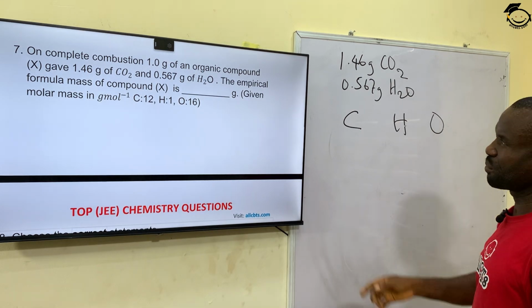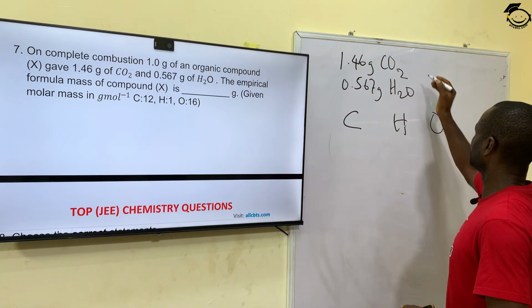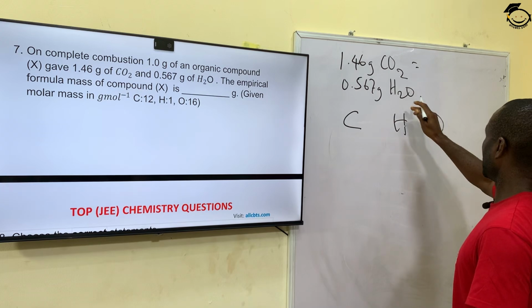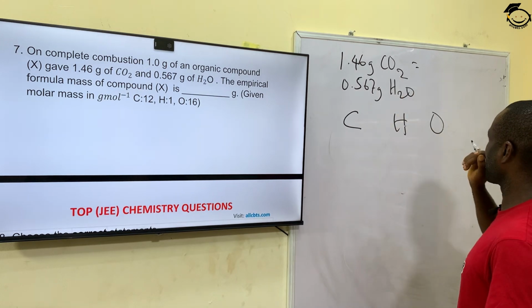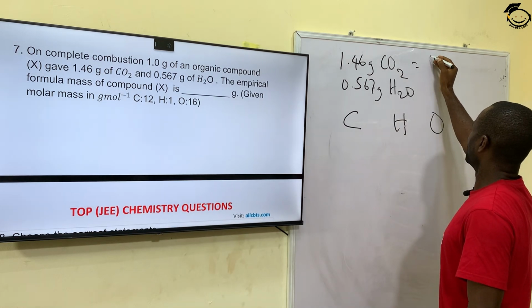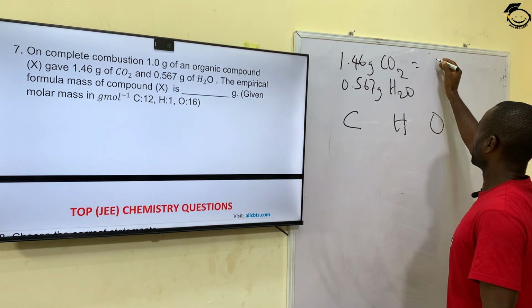So that sums to 1 gram. For us to find the mass of hydrogen in this and the mass of carbon in this, in this case we were looking for carbon first.